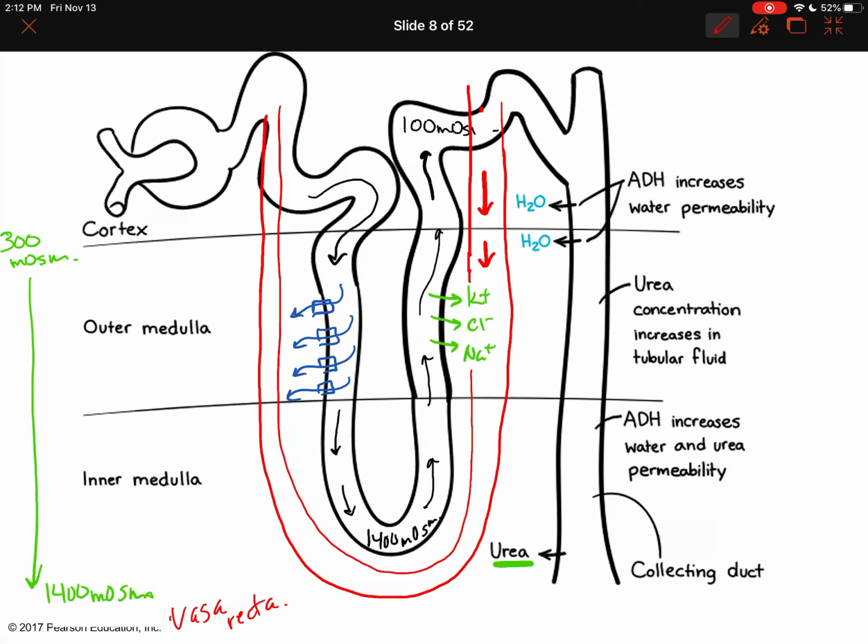Okay, so we want these ions to go into the bloodstream. So we can just leave the drawing how it is because we can see that the potassium chloride and sodium are coming into the blood.